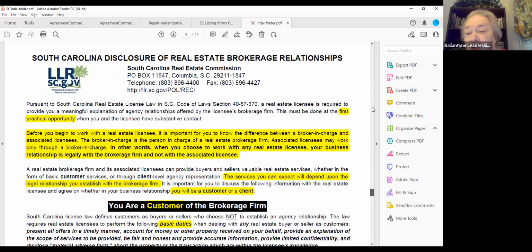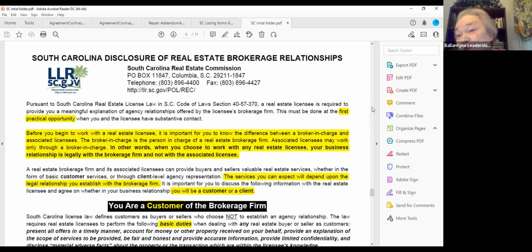is the South Carolina Disclosure of Real Estate Brokerage Relationships. South Carolina doesn't only offer agency relationships. They also offer something called transaction brokerage. We as a firm have elected not to engage in transaction brokerage. But the reason the name of this title is not like your North Carolina.